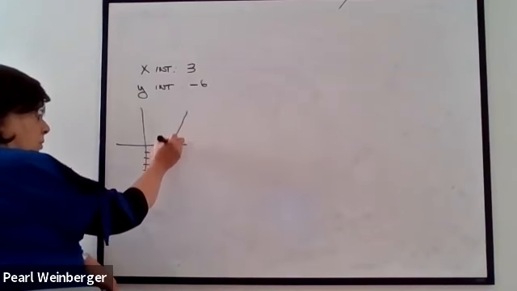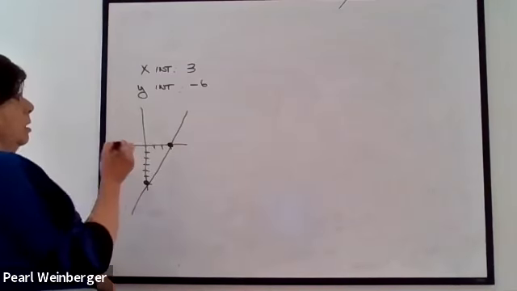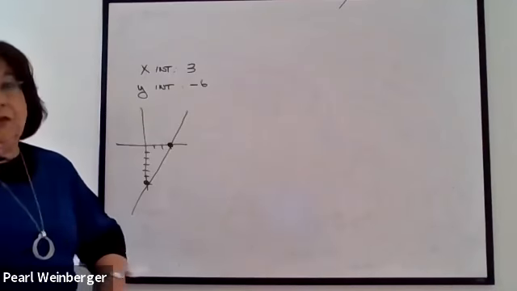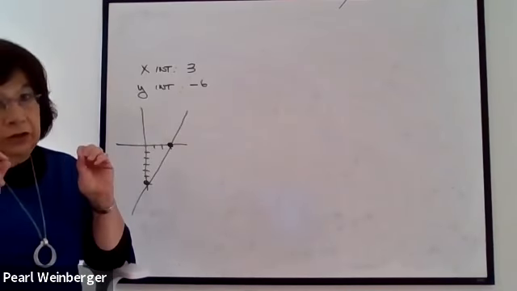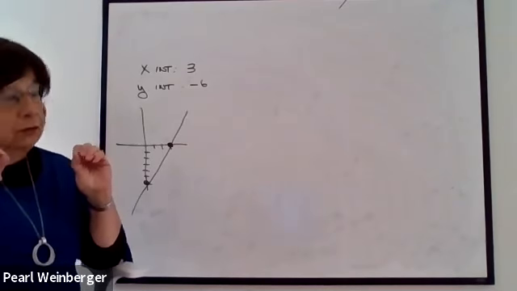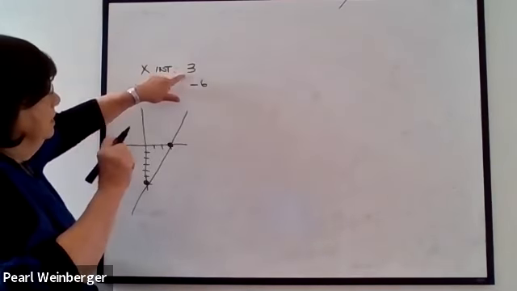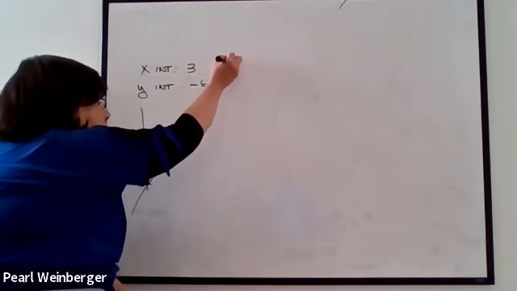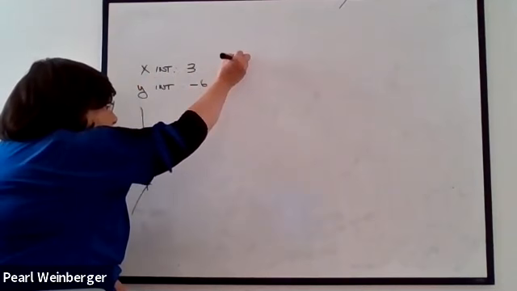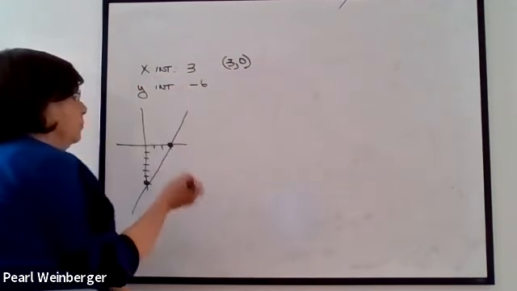So here's your line. I want you to find the equation of this line. And I'll just give you a little bit of a hint. Remember, to say the x-intercept is 3 is equivalent to saying that the point it's going through is 3, 0.